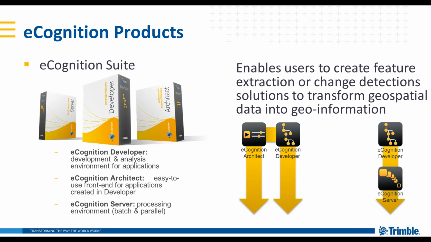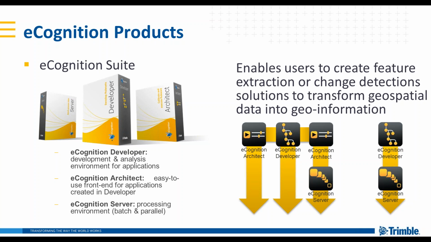It allows for what we call calibration of the rule set by slider bars, toggles, etc., to do slight manipulations on the variables that are in the rule set, but not substantively changing the rule set itself. And then finally, there's the eCognition Server, and Server is really your processing environment.